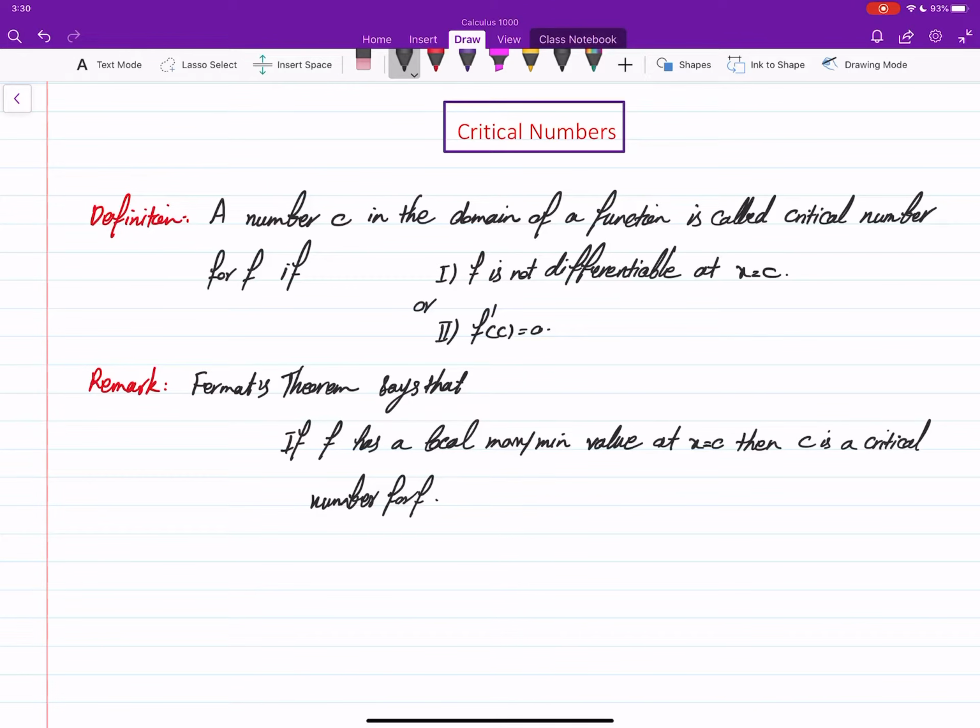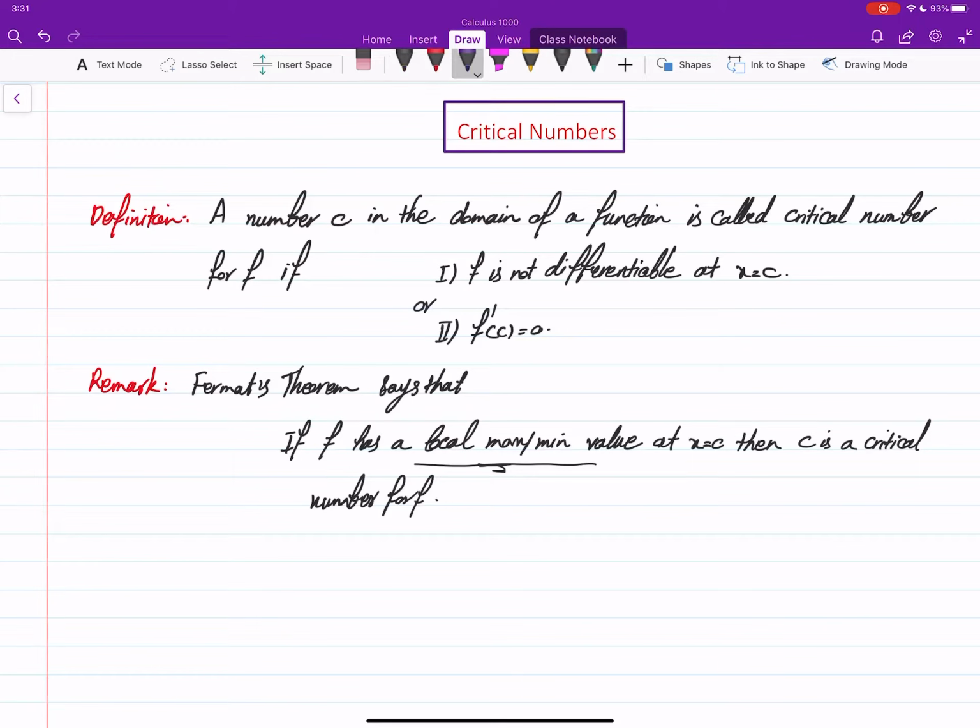So we just put the terminology into the theorem and rewrite it. This is why critical numbers are important. These are the values of x at which a local max or min will occur.